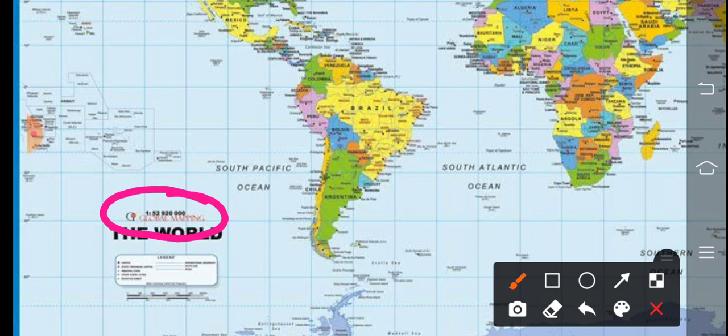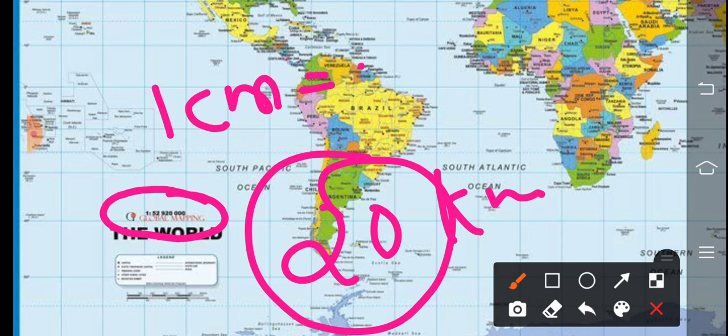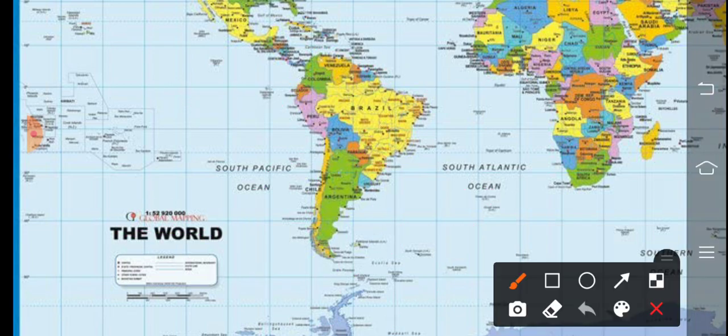If you show this 20 kilometers on the map, how will you represent it? It is 20 kilometers away from your home, our school. So how will you represent that 20 kilometers on a piece of paper, in an A4 size paper? Yes, we have to reduce that distance. That means we are taking a scale: 1 centimeter represents 1 kilometer, or 1 centimeter represents 10 kilometers.